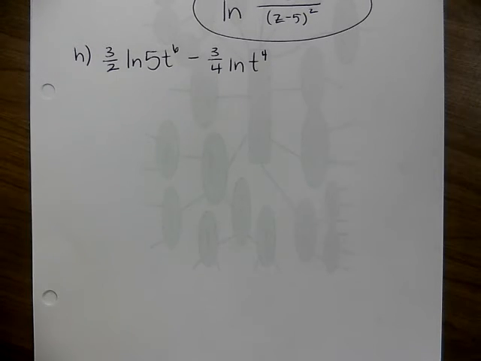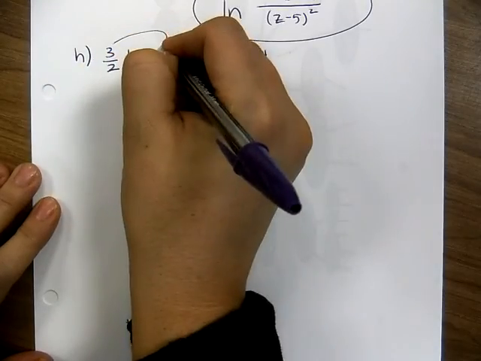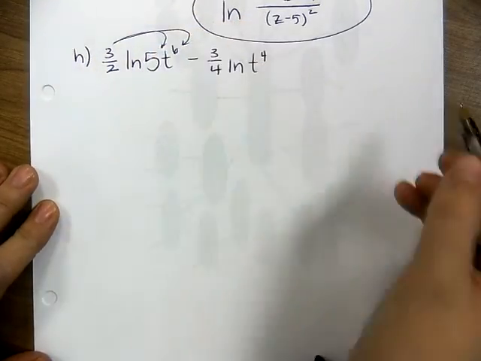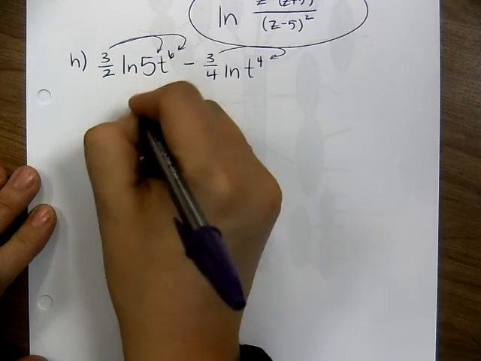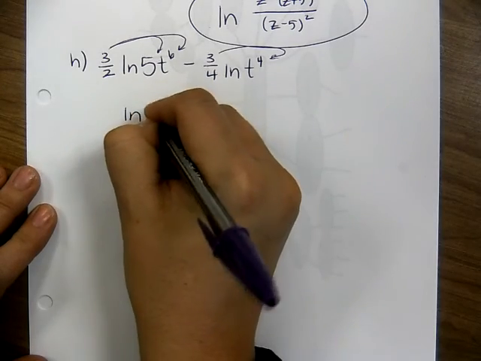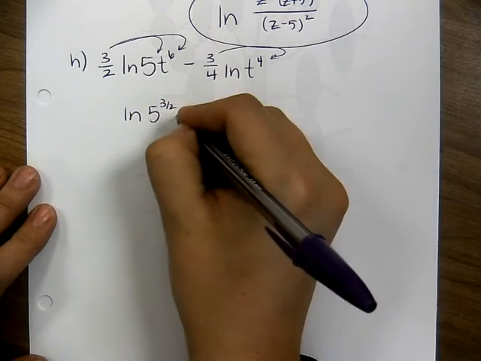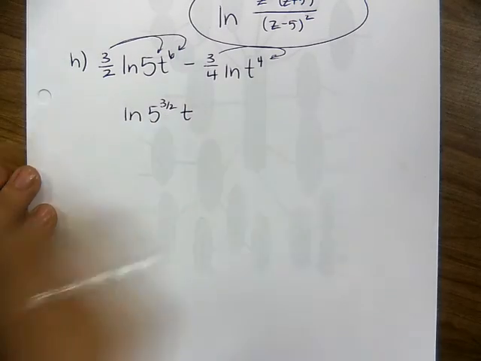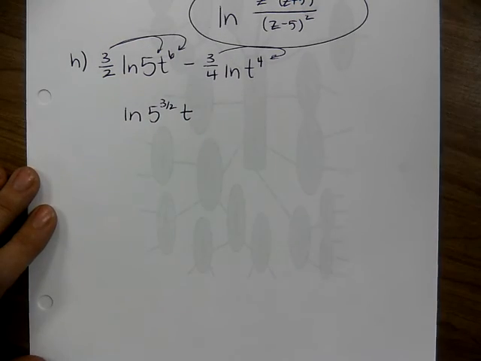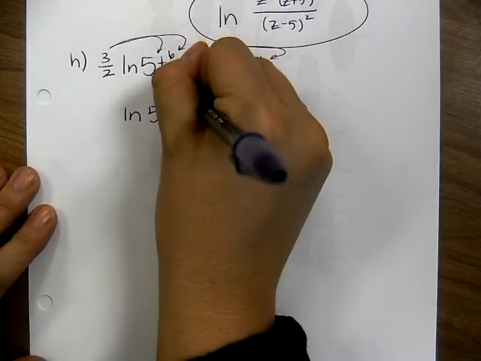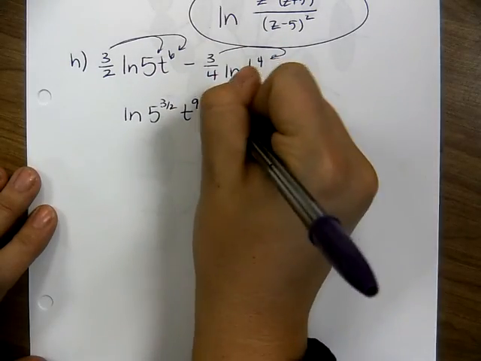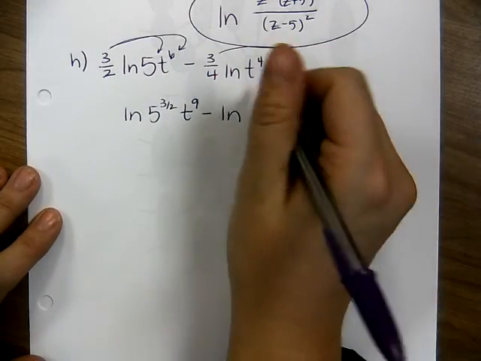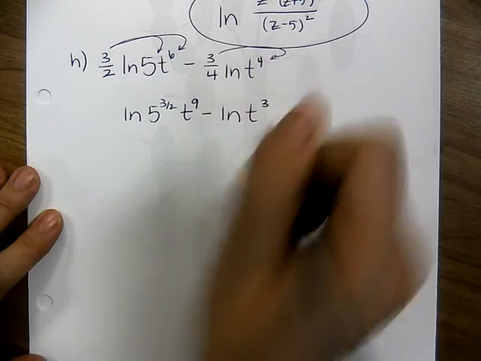Is that okay? So I'm going to distribute this 3/2, and I'm going to pull over the 3/4. So I have the natural log of 5 to the 3/2, t to the, let's see, that's 18 divided by 2, so 9. Minus the natural log of, 4 times 3/4 is going to give me 3, so t cubed.